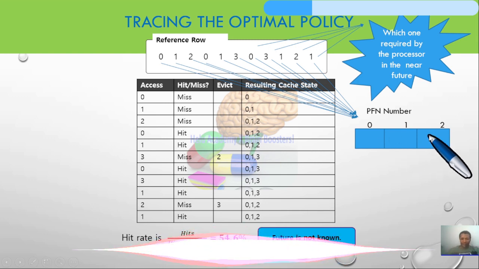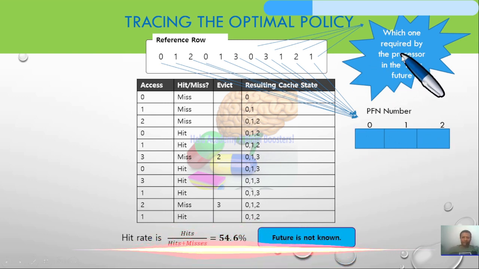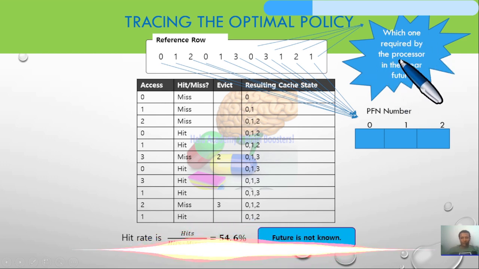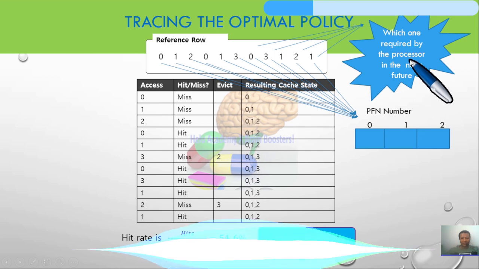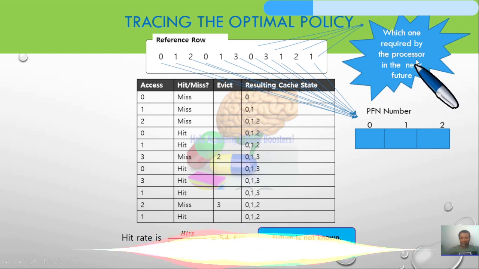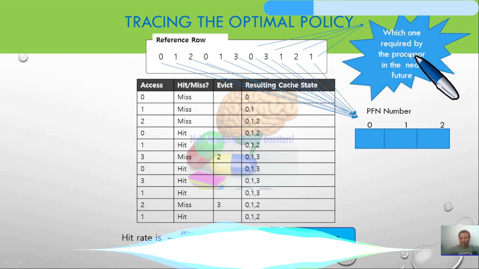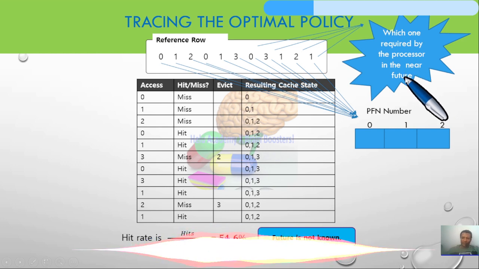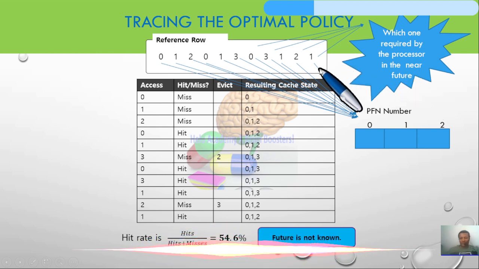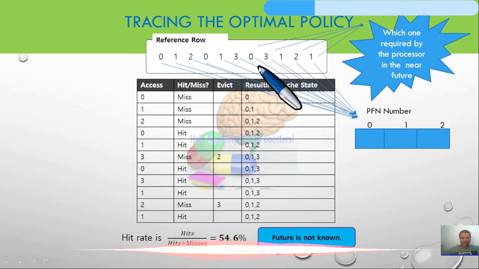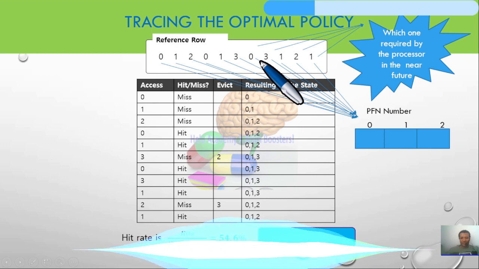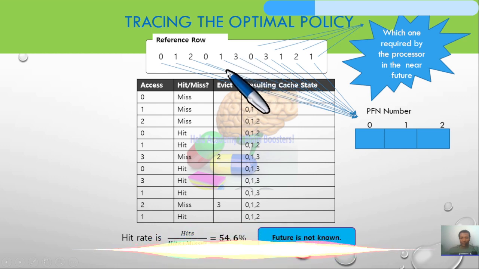So the resulting cache is based on which page is required by the processor in the near future. That is the idea: if it is required, it's good; if it is not required, then it will be swapped. This is how it works.